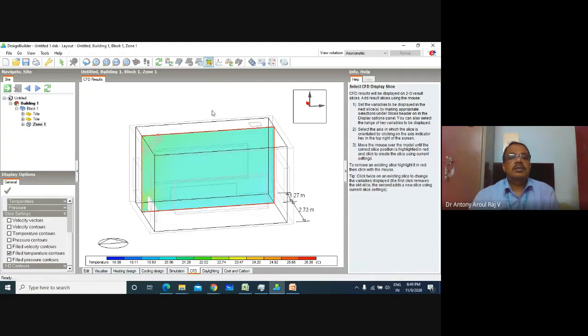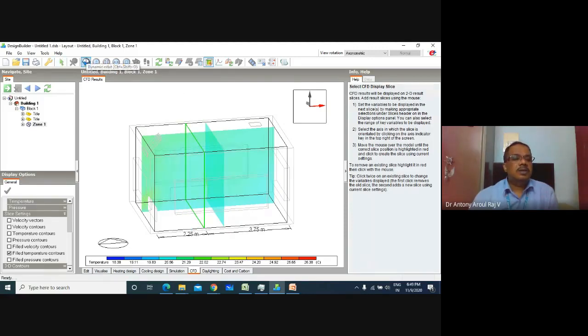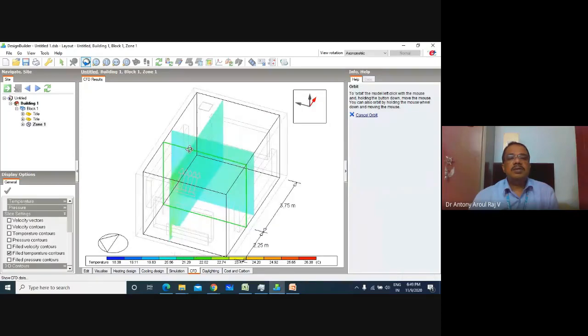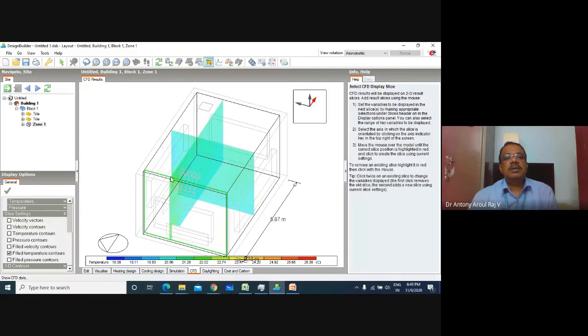This is the temperature plot, and I can put it in this direction also. Field temperature contours. I'll put it in this plane only, where we have the throw.